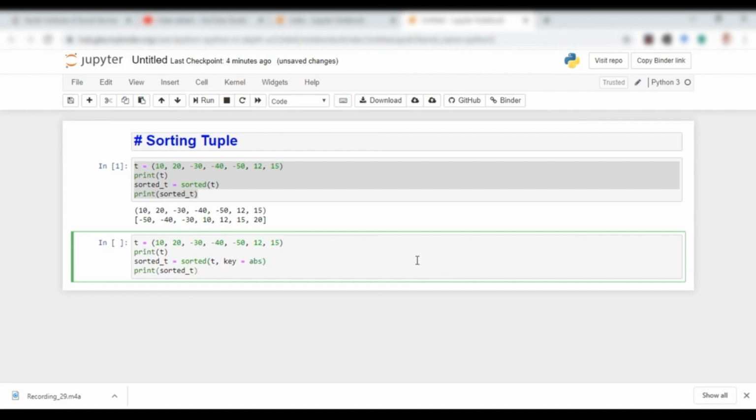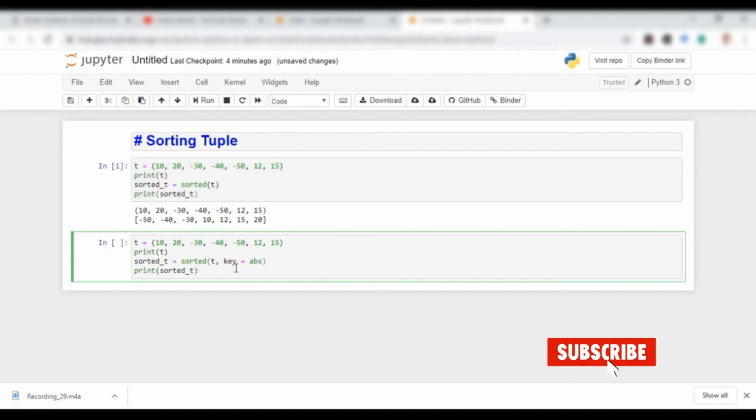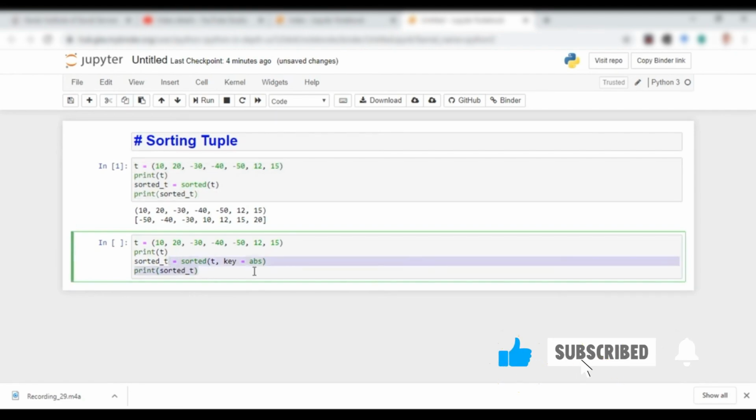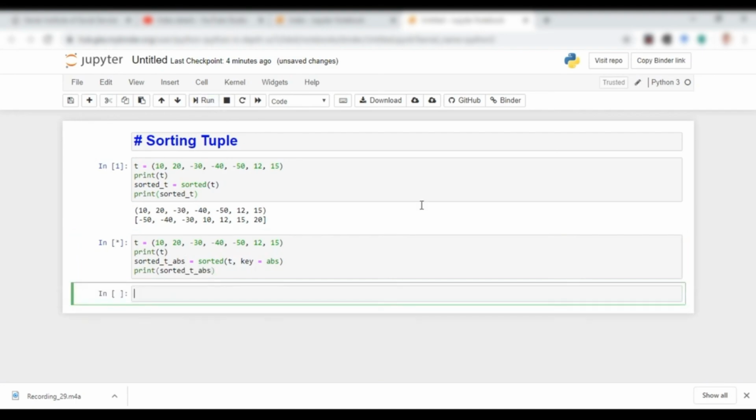And once this operation is done, let's change the name of the variable as well, sorted_t_abs.